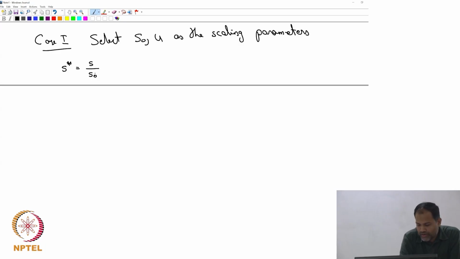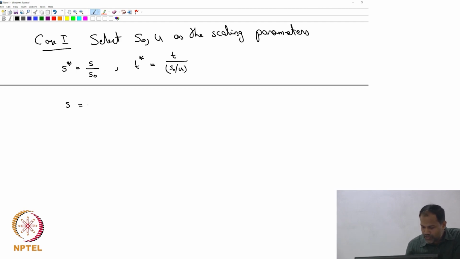I have one variable. I need to define my T star, which will be, how can I generate a non-dimensional time from S0 and U? S0 by U. S0 by U basically has the dimensions of time. So I can non-dimensionalize my variables. I have gotten a non-dimensional S star and a non-dimensional distance and a non-dimensional time.